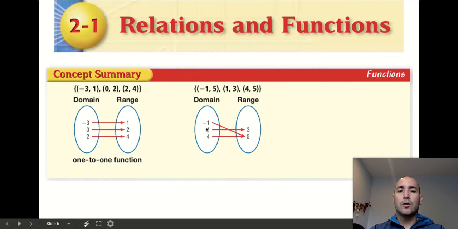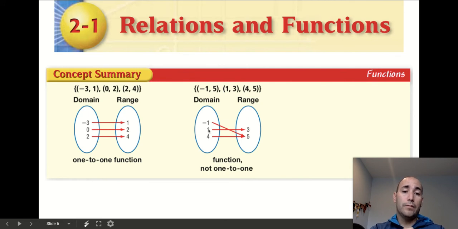So if you have the element come up twice, you only actually write it once. Okay, so here we're going to go ahead and map it out. So -1 to 5, 1 gets mapped to 3, 4 gets mapped to 5, and then this is where we see that -1 and 4 both get mapped to the y coordinate 5, because that's what the ordered pair says. So this is still a function, but it's not a one-to-one function, right?